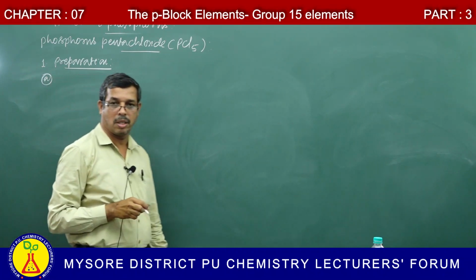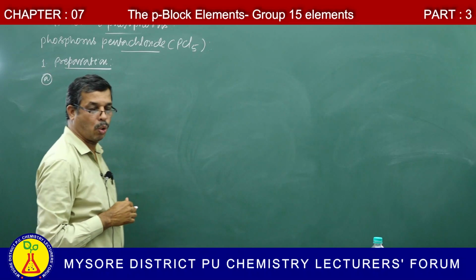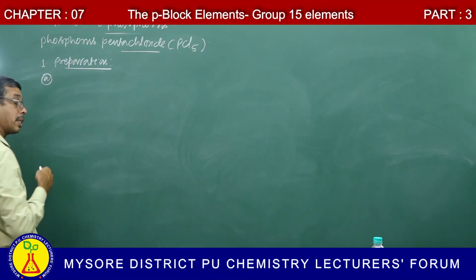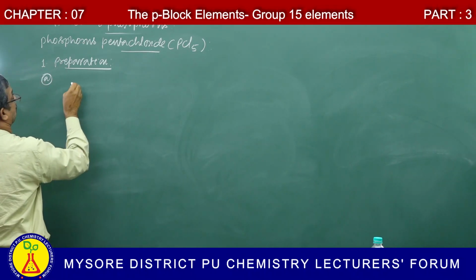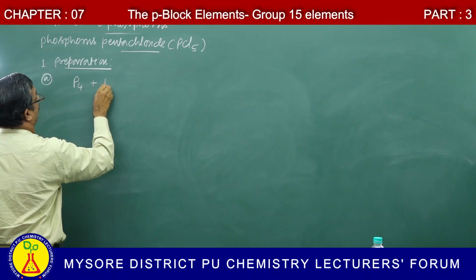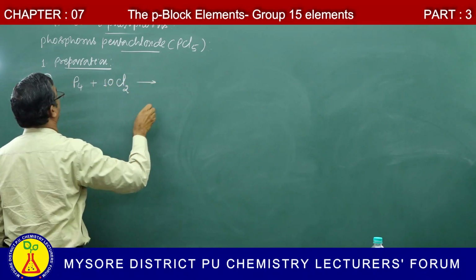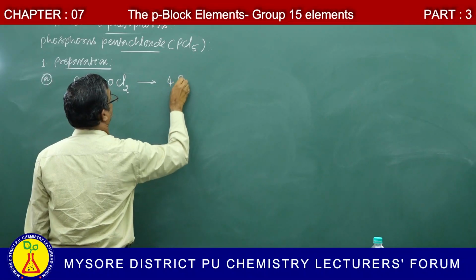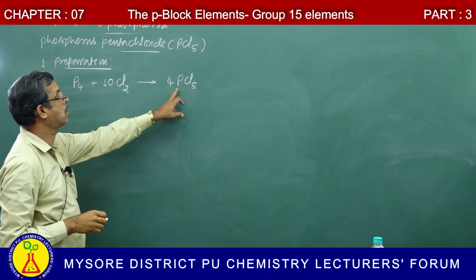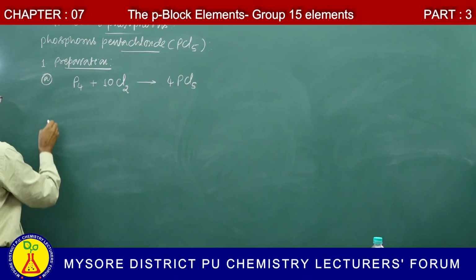PCl5 can be prepared by the reaction of white phosphorus with excess of dry chlorine. This is white phosphorus and this is dry chlorine. We get 4 PCl5, phosphorus pentachloride.